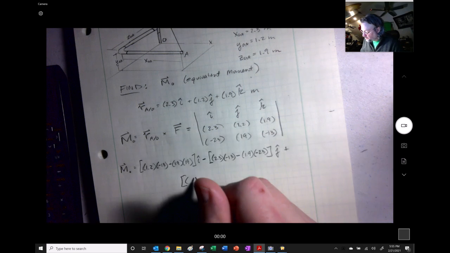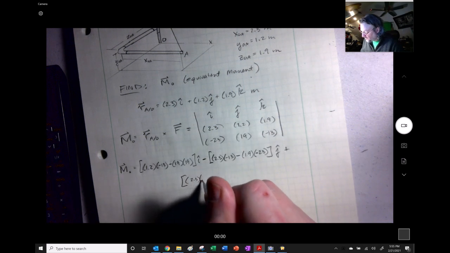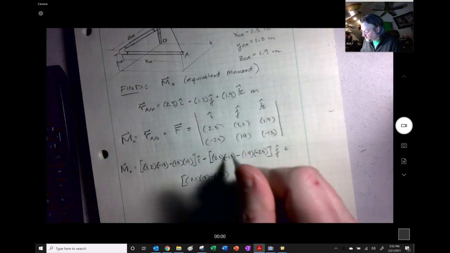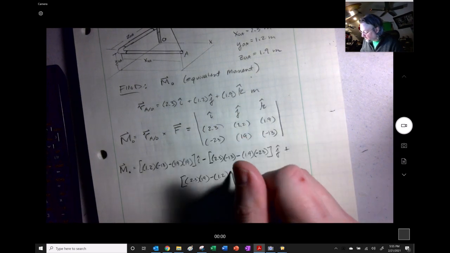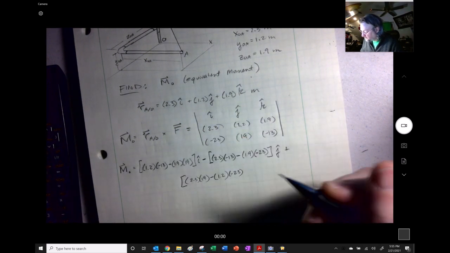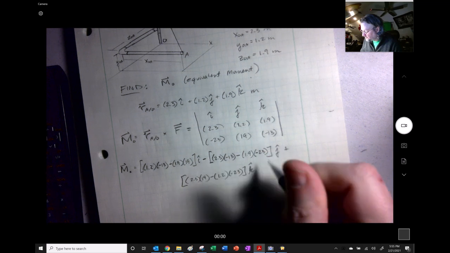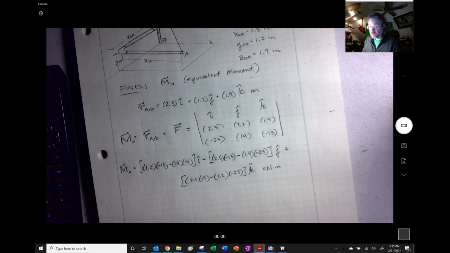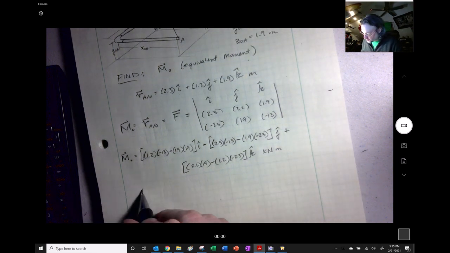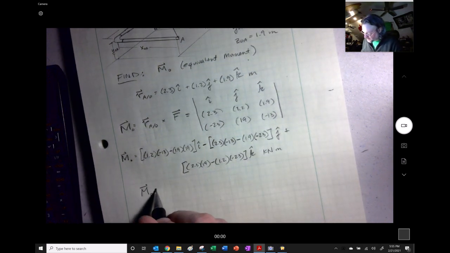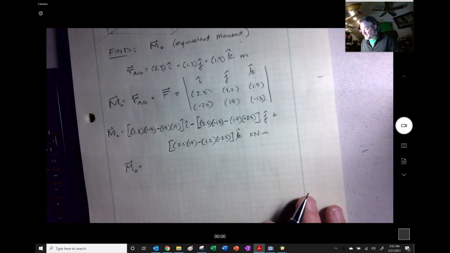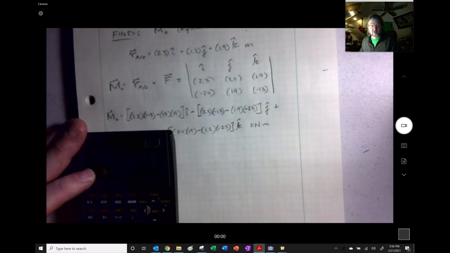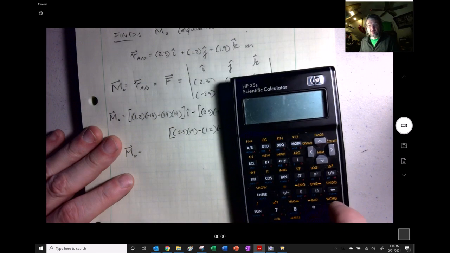So 2.3 and the 19 minus the 1.2 and 23. And these are going to be kilonewton meters. So let's get this all worked out here. Now we just got to go through the mathy math, and don't forget that minus when we get over to there, right? I'm counting on you to remind me.